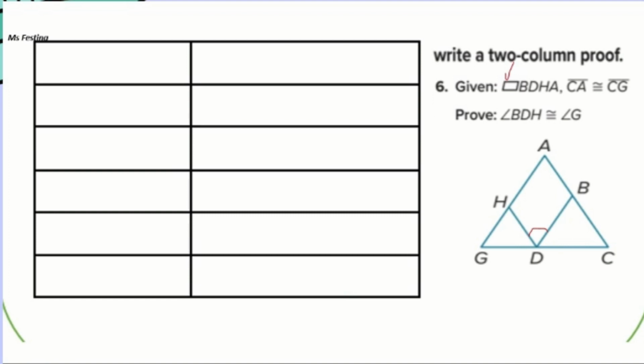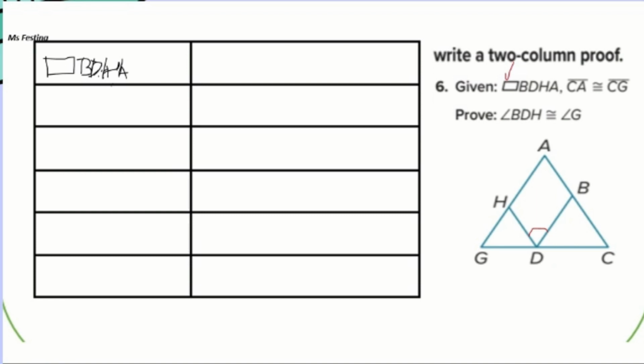Whenever you solve a problem when it comes to geometry, you firstly have to write what you are given. So we are given that in rectangle BDHA, okay?